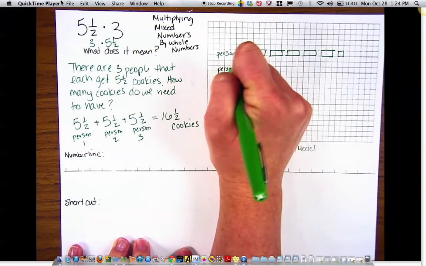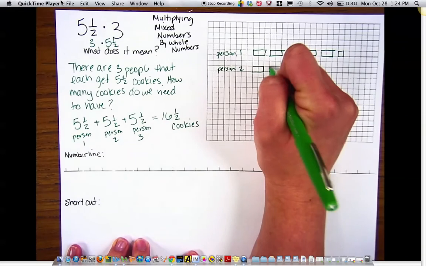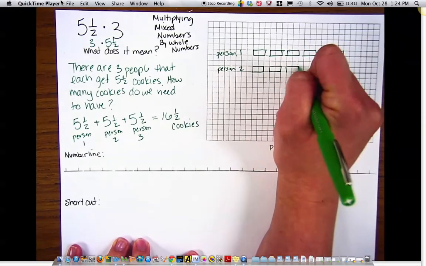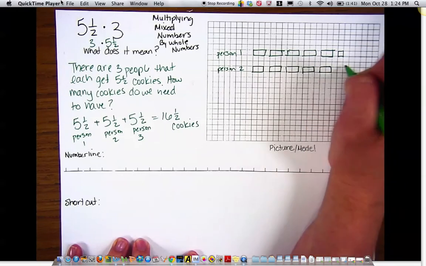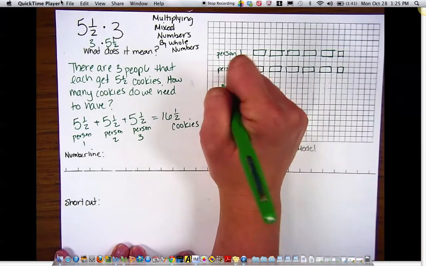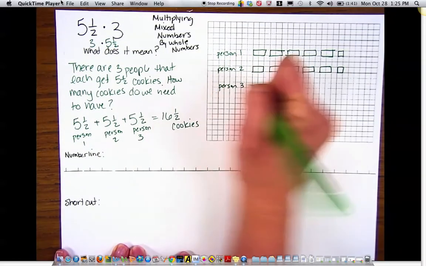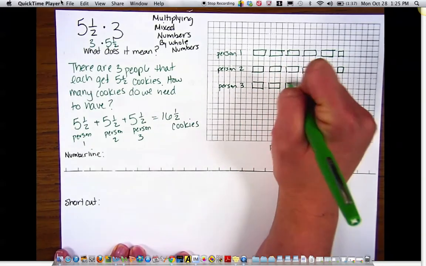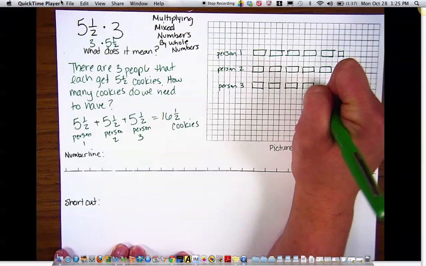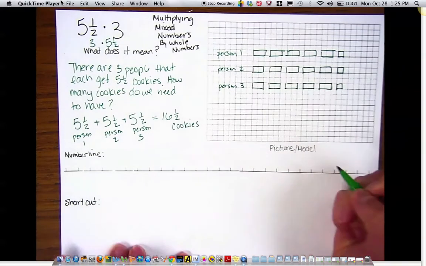Person 2, 1, 2, 3, 4, 5, and 1 box makes a half. Person 3, 1, 2, 3, 4, 5, and 1 makes a half.